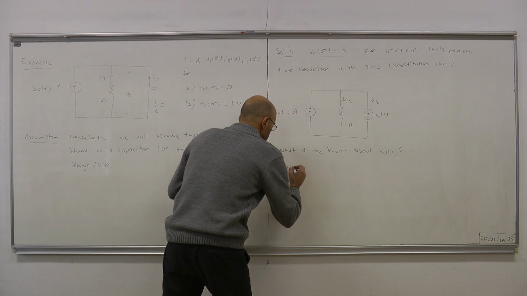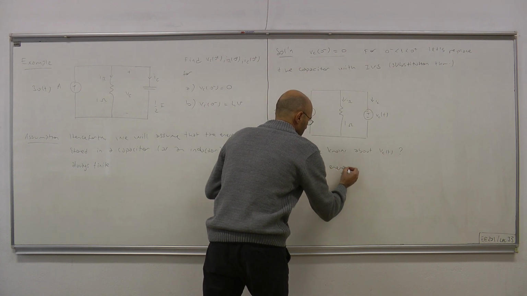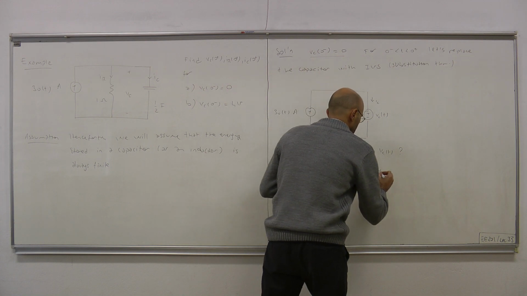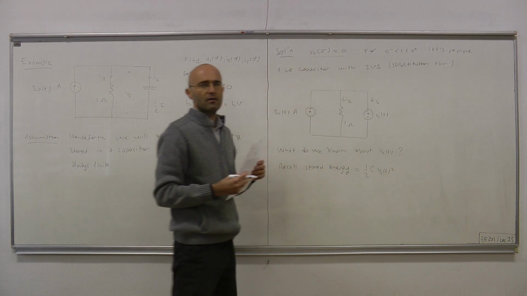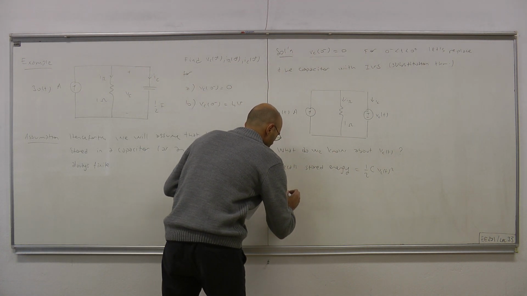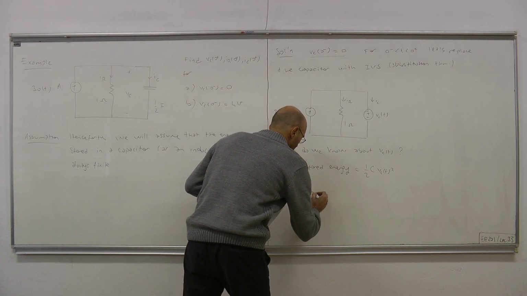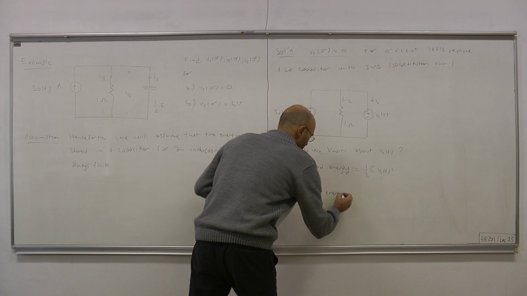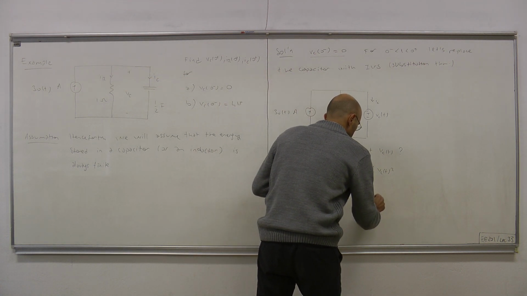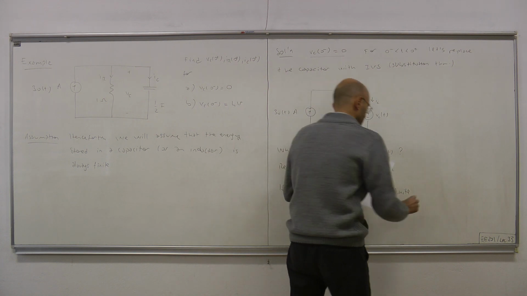Recall the stored energy in the capacitor is 1/2 C times the square of the voltage across the terminals of the capacitor. That's our stored energy. Hence, thanks to our assumption, finite energy implies bounded, finite VC(t).